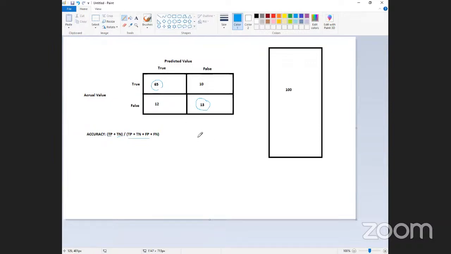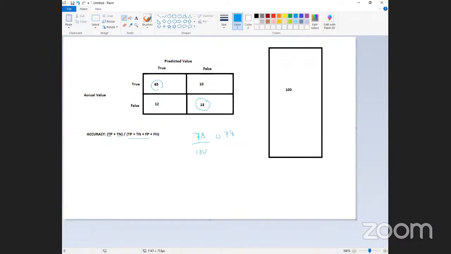If you calculate this one, it is 76, I think it is 78, divided by 100. So this one's accuracy is 0.78. That's how it is calculated. How accurate is a true, how accurate is a false. By the algorithm, we calculate how accurate the algorithm is on the specific data.